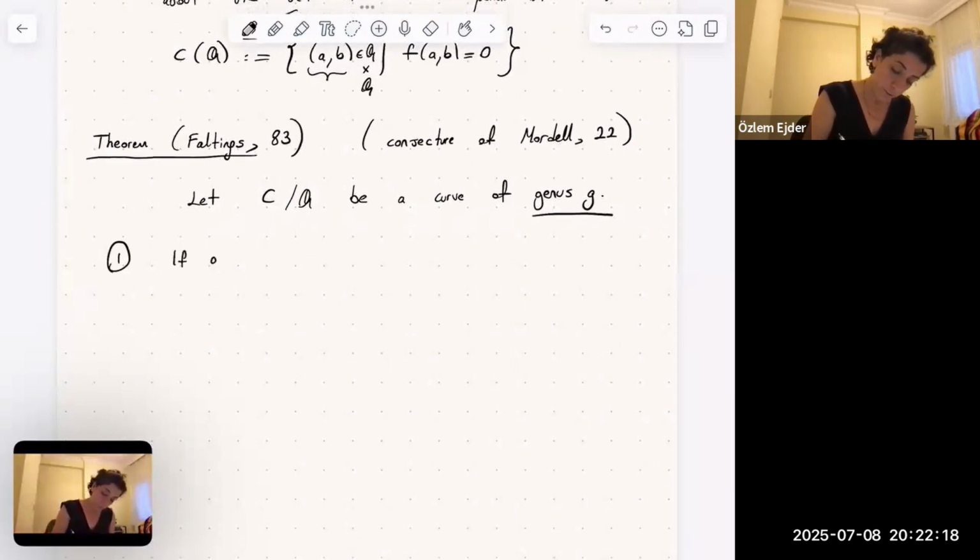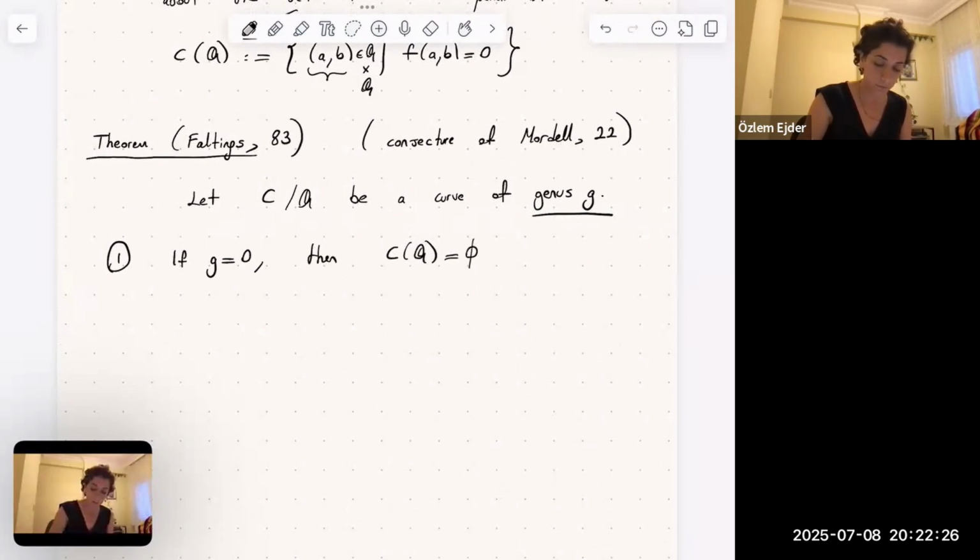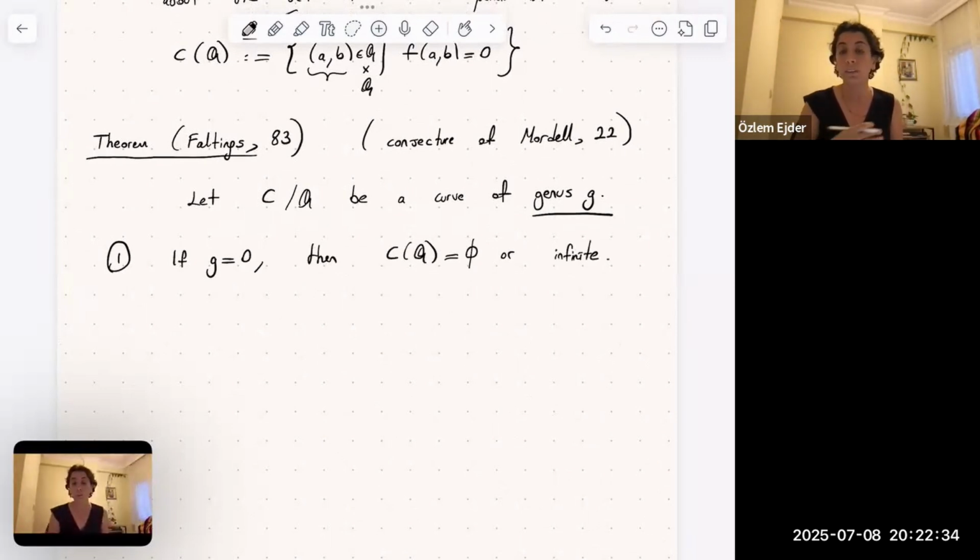If this genus is 0, then the set C of Q, the set of rational points, is either empty or it's infinite. This says that if you can find one rational point on it, then you can actually produce infinitely many, and you can parametrize them.